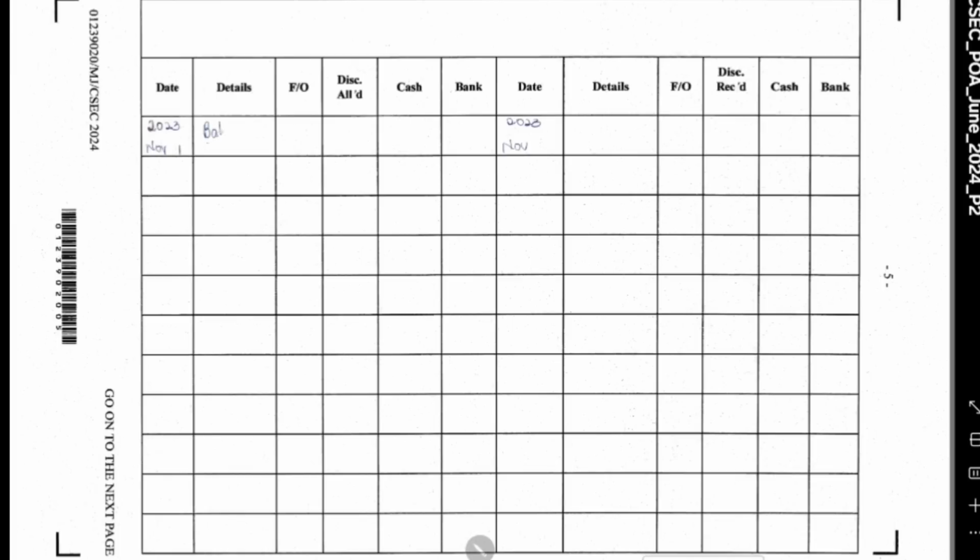So you have balance brought down, and cash is $1,475, and bank, as in balance brought down for bank, it's $1,125.